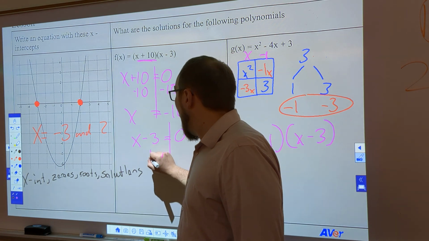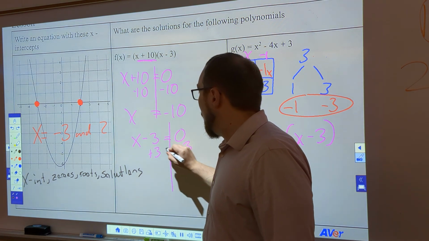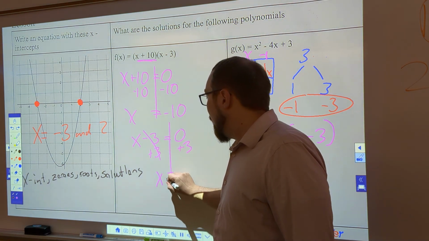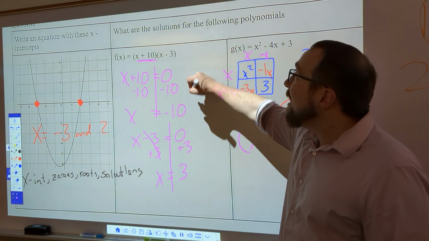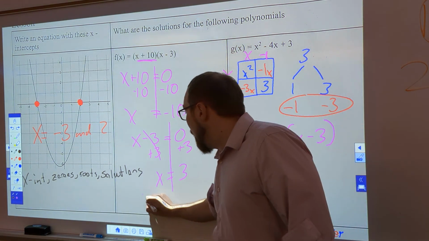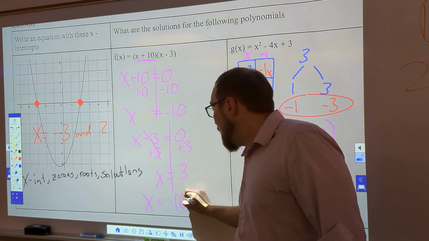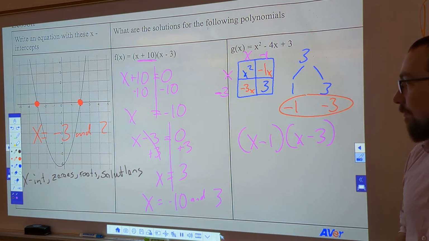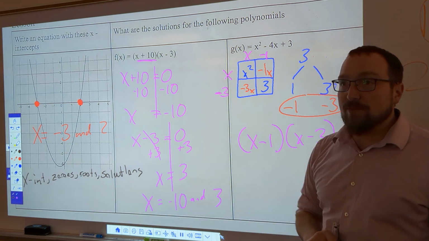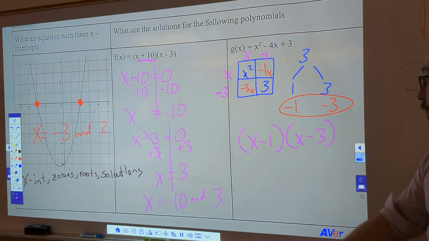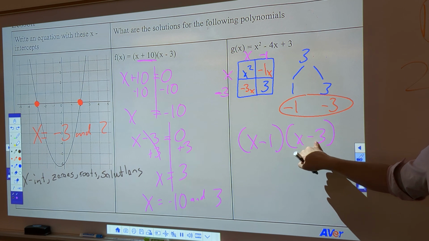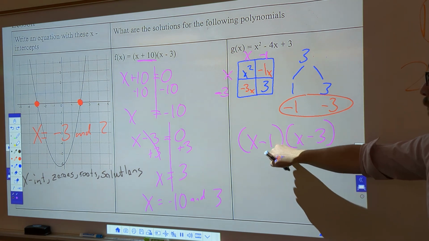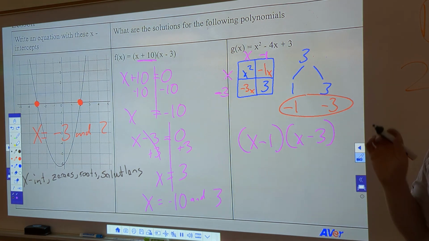Well, again, I'm going to add 3 to both sides, plus 3 plus 3. It's going to cancel out, giving me x equals 3. So we know our x-intercepts are, x is negative 10 and 3. So those are our x-intercepts for that. In this case, our x-intercepts would be positive 1 and positive 3.